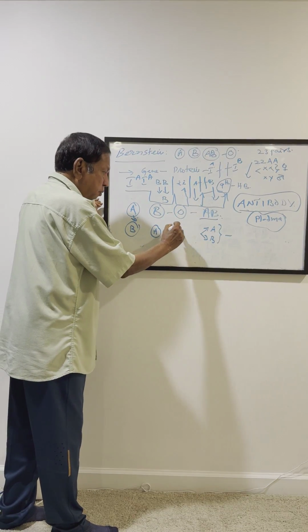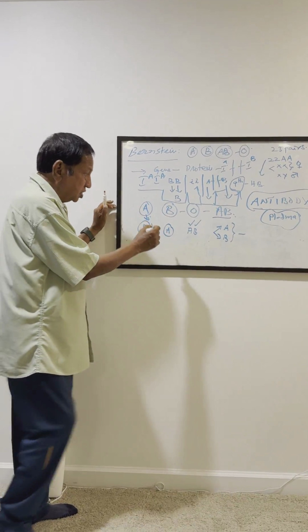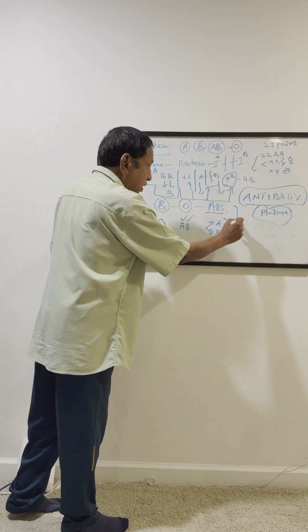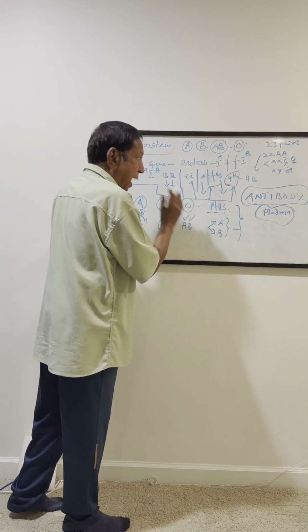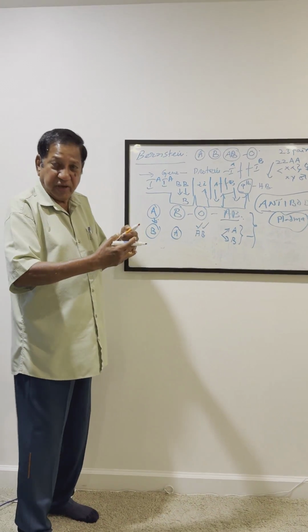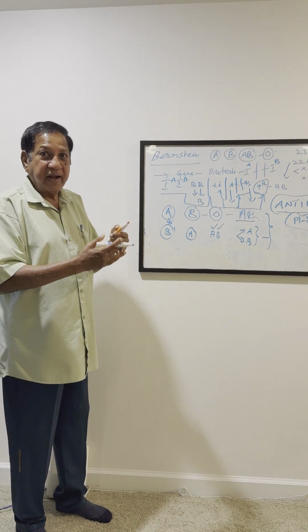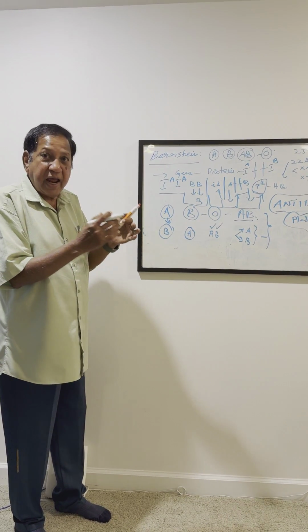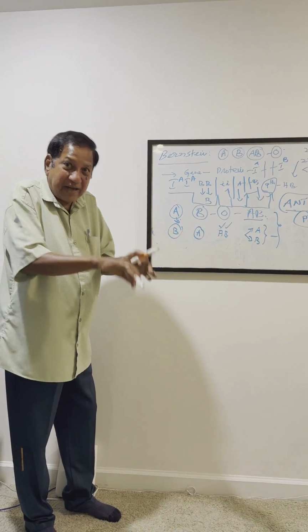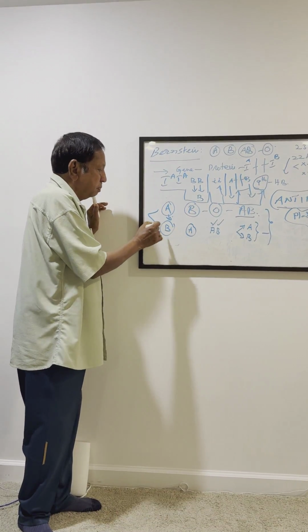For O group, both antibodies are present. This is what is referred to as agglutinin. Agglutinogen and agglutinin are responsible for the agglutination reaction, and as a result, when an incompatible blood transfusion takes place, these two are very important.